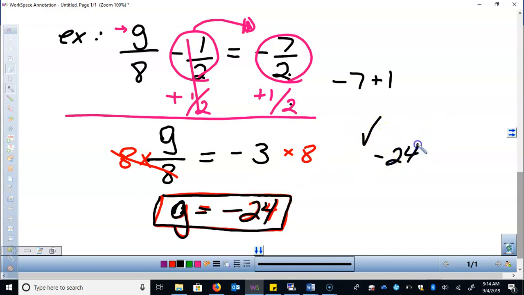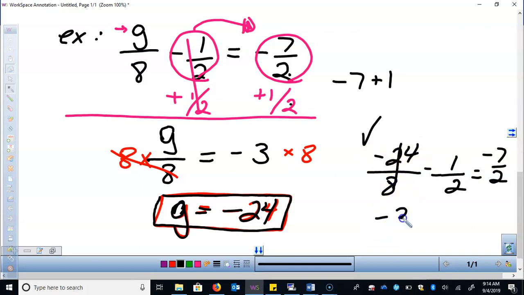So we have g equals -24. Let's see if it works out. We should get -7/2 or -3.5. So -24 divided by 8 is -3, minus 1/2 more, yep, that's -3.5. Check, check. We're done.